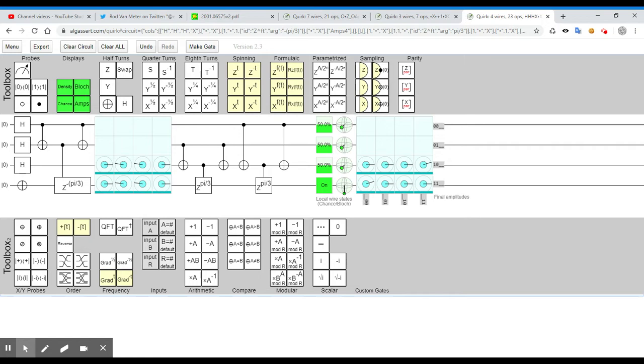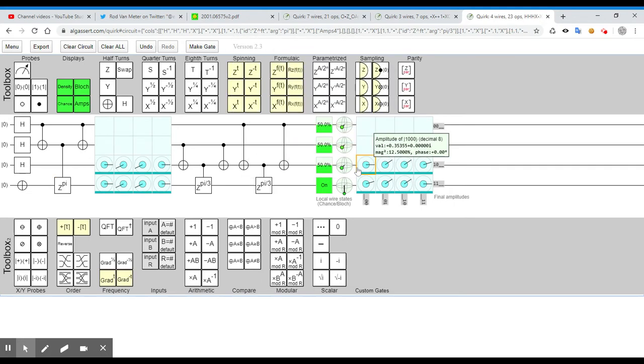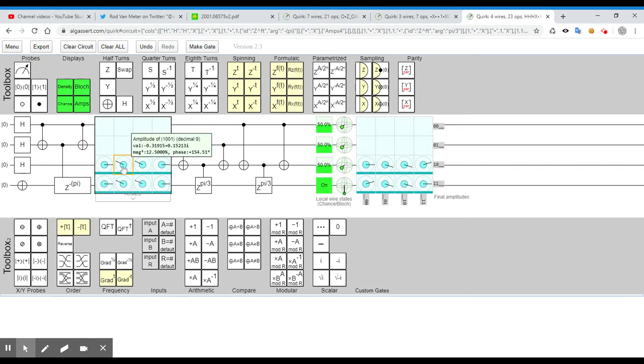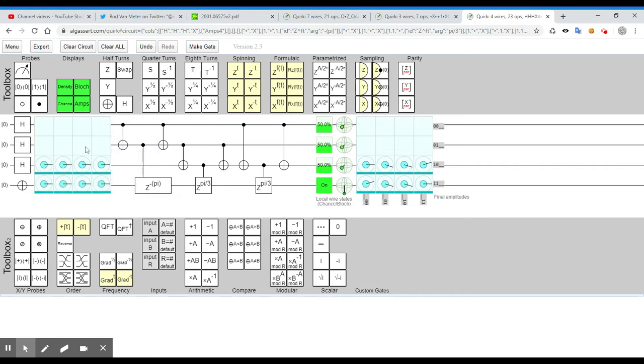And pi divided by 2 is basically, so if I say pi, why? So I'm a bit confused now with how this is working.